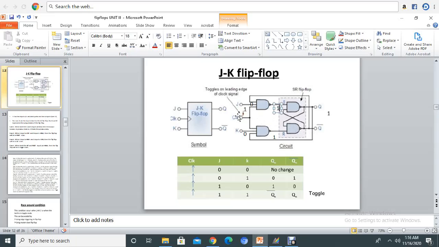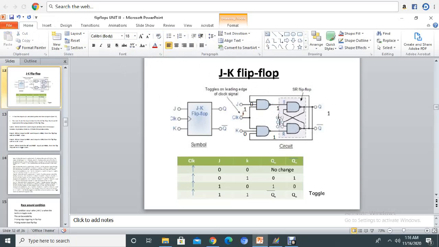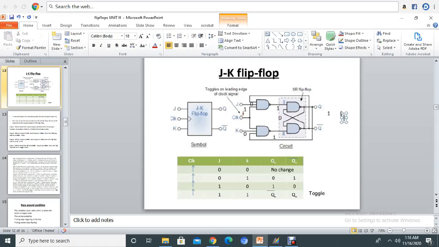So here we are applying 0. One of the input is 0. So the output of NAND gate will be 1. Okay. So now we are getting the 1. Okay. So when J is equal to 1, K is equal to 0, whatever may be the value of Q, you will get 1.